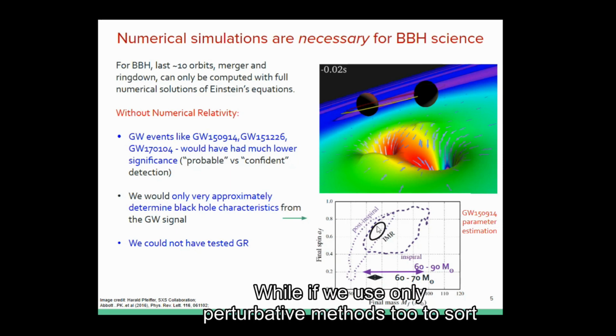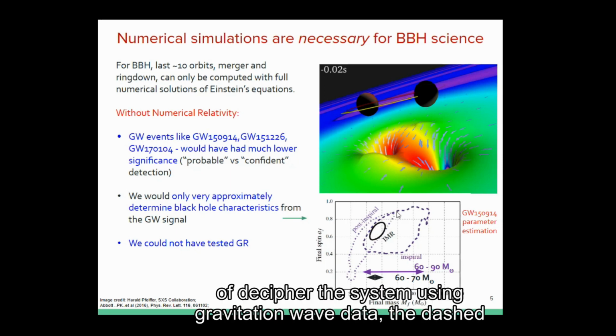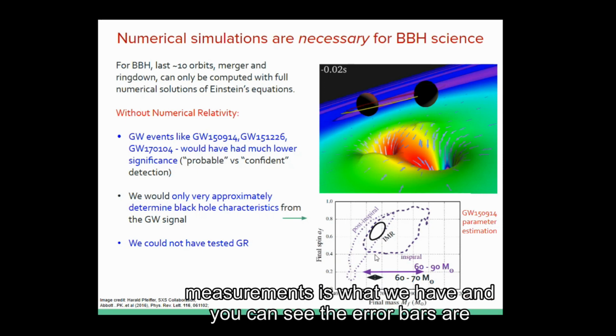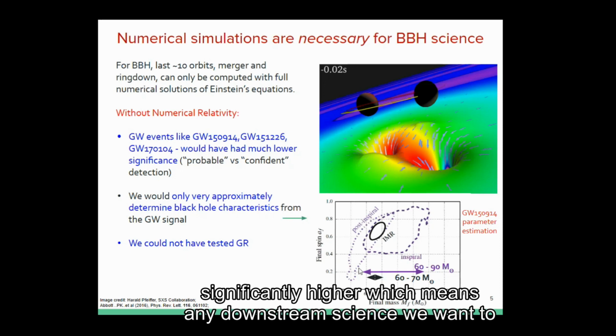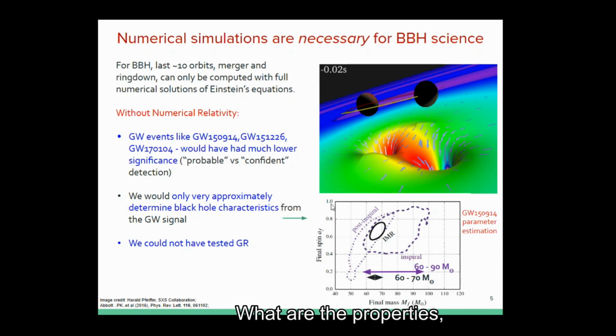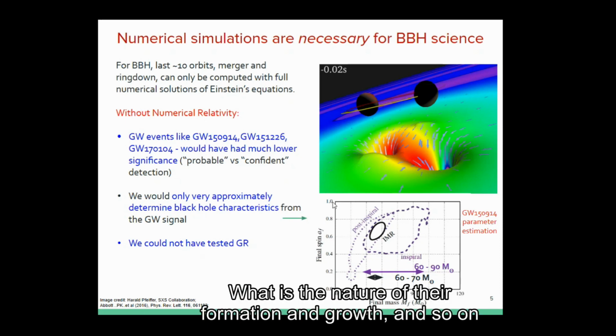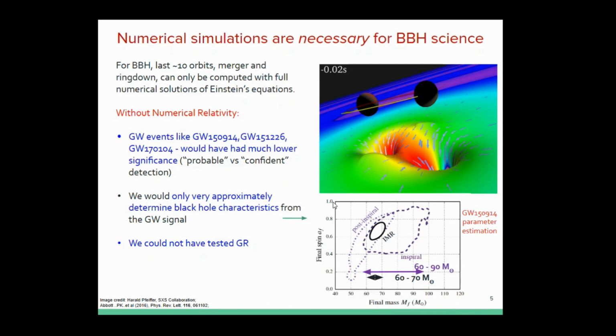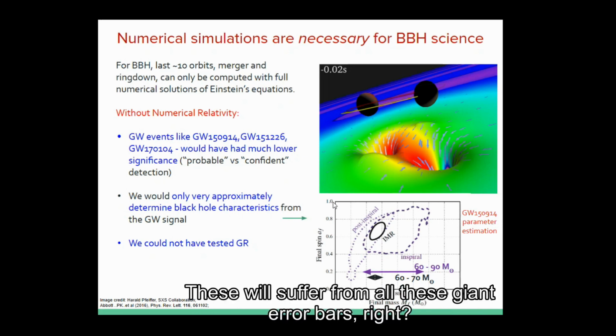While if we use only perturbative methods to decipher the system using gravitational wave data, the dashed contours are the measurements we have. You can see the error bars are significantly higher, which means any downstream science we want to do, population science, how many black holes are there, what is the physical nature of their formation and growth and so on, will suffer from all these giant error bars.